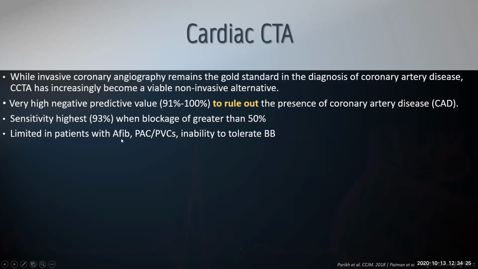So why do you think that patients who currently have AFib, or maybe they have frequent PACs or PVC burdens, would have issues getting a cardiac CTA? Anyone? Is it just the ability to move the contrast out? Yeah, because they're kind of gating this test, right?